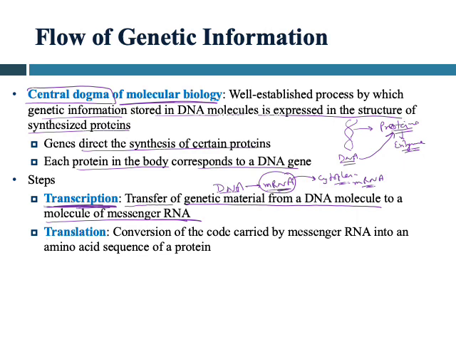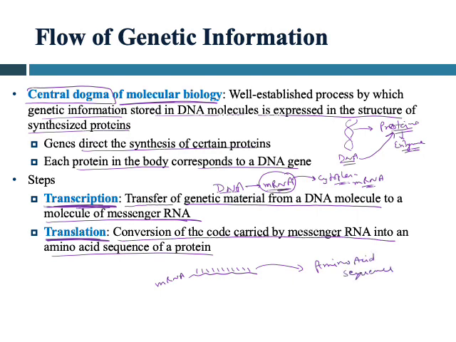Then the second process comes into play, which is translation. Translation is a conversion of the code carried by messenger RNA into an amino acid sequence. So what does it mean? This is the mRNA that has all the sequence or all the information from the DNA, and this information is converted into an amino acid sequence, which we know as protein.